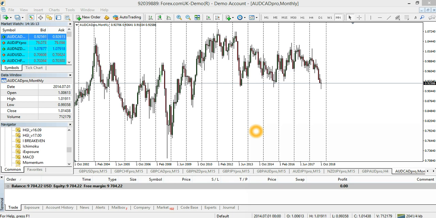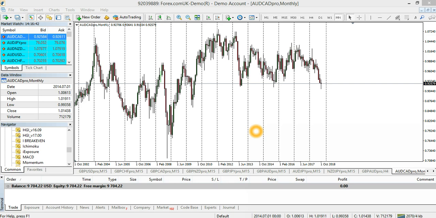Now, when you turn on your charts and you go onto any time frame, I am on the Australian versus the Canadian dollar monthly time frame. One of the crucial things that makes Forex trading what it is, is that you're trading one country's currency against another. And what oftentimes happens is that a range or a channel is created.